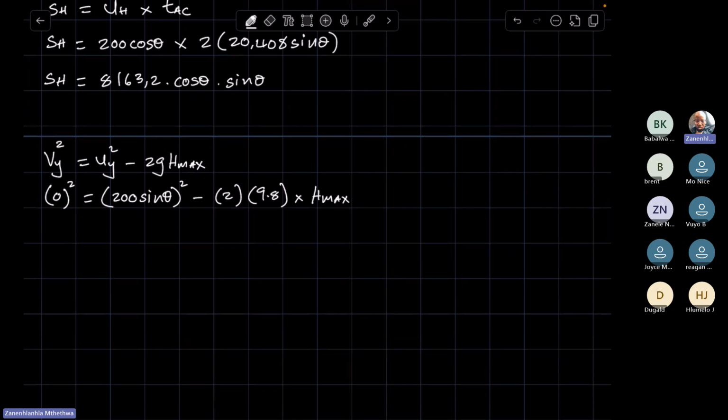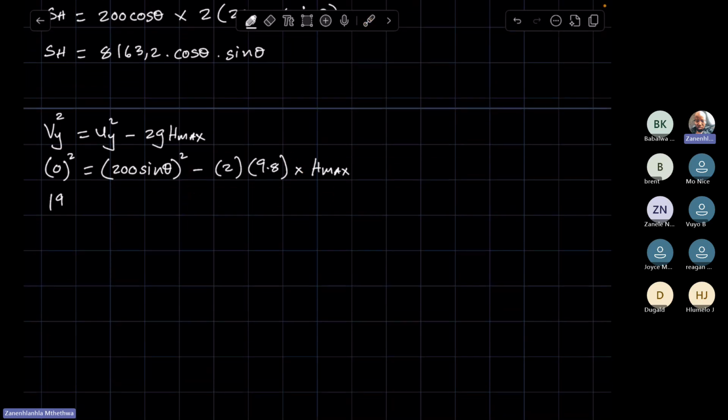Now 2 times 9.8 gives us 19.6. That 19.6 is negative, so we take this term to that side, hence it becomes positive. 19.6 h max is equal to 200 squared. What is 200 squared?